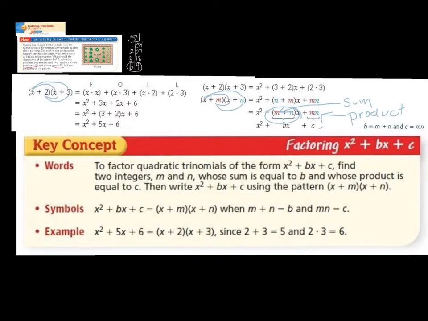Then write x squared plus bx plus c using the pattern x plus m times x plus n. So for example, in x squared plus 5x plus 6, we need to find two numbers who have a product of 6 and a sum of 5. So 2 times 3 is 6 and 2 plus 3 is 5.